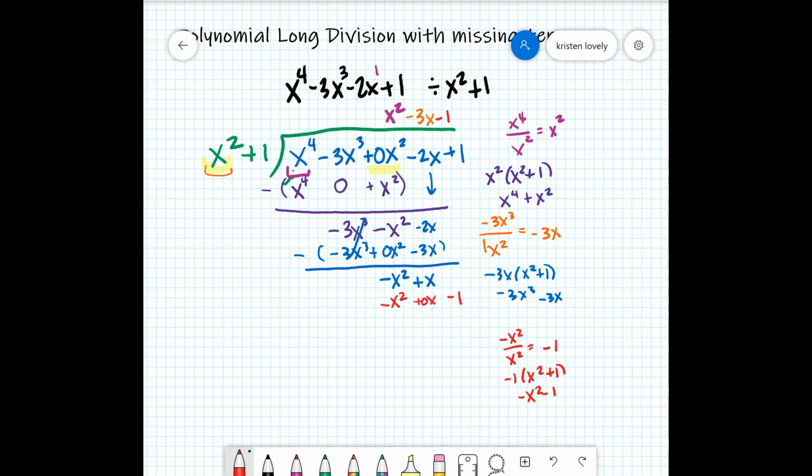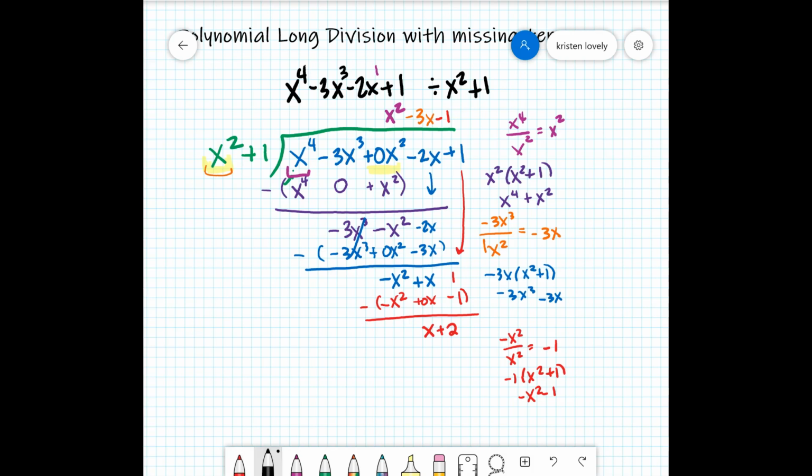Again, I have a 0x term there. So my negative minus the negative is going to cancel out. I'm bringing down my x. I have a 1 here that I'm going to bring down. 1 minus a negative 1 is the same thing as 1 plus 1, which is 2.